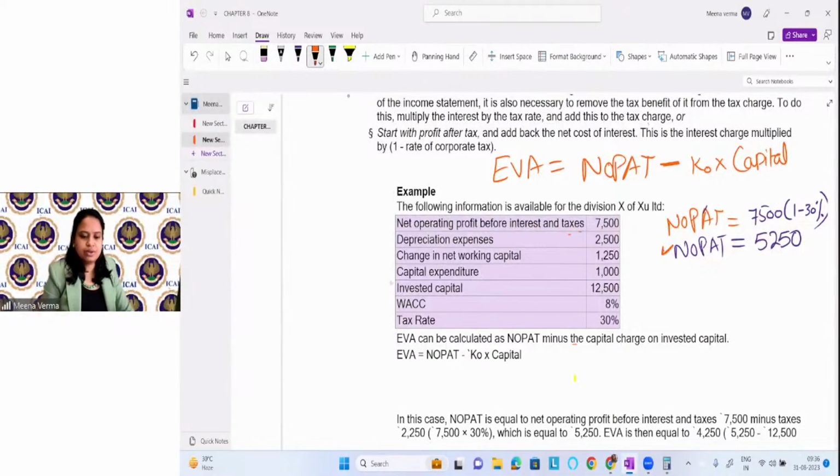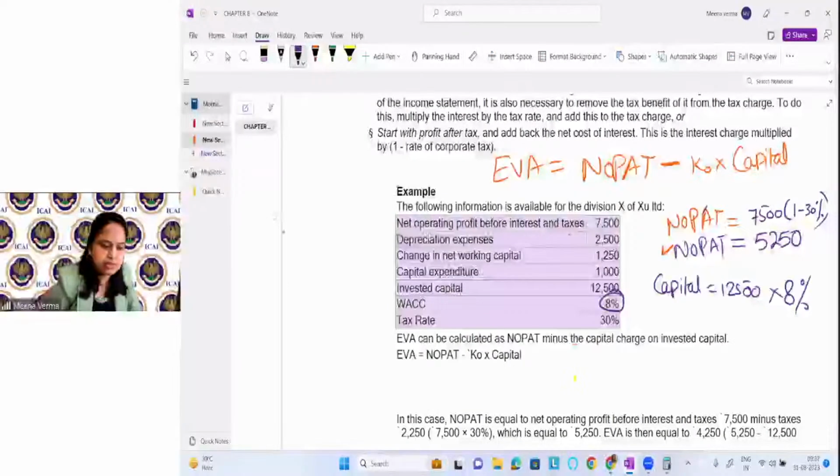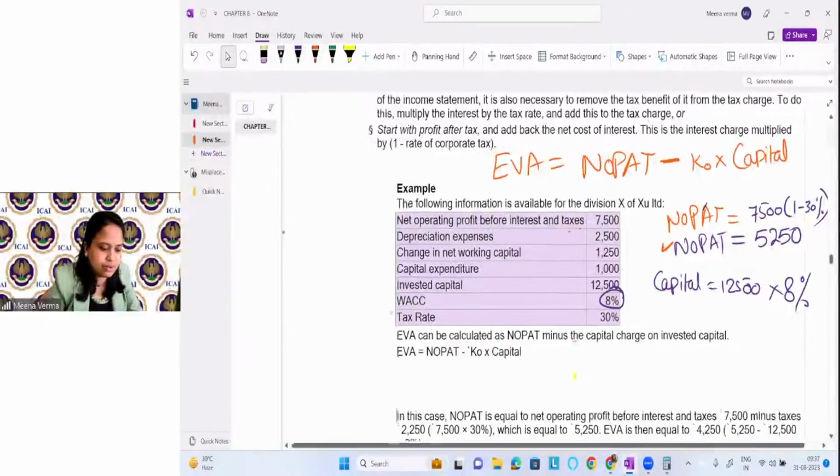This is given. Now you can see the total capital of the company is $125,000. And the weighted average cost of capital is 8%. So you have to apply it here. Let me calculate it for you.